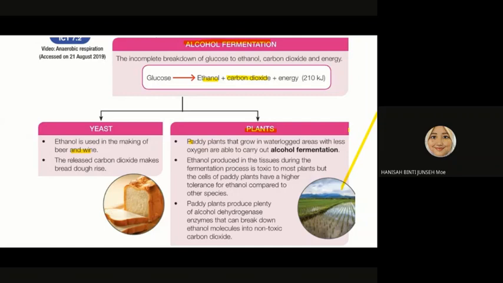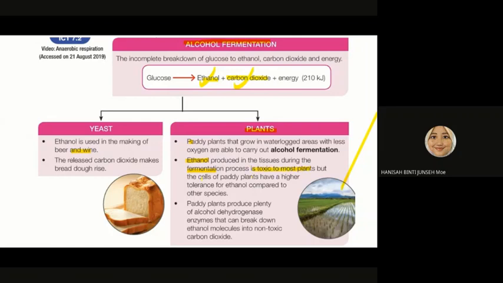If the plants are in this situation, like in a waterlogged area, they will carry out alcohol fermentation. Alcohol fermentation will produce alcohol and carbon dioxide. The ethanol that is produced during the fermentation is toxic for most plants.